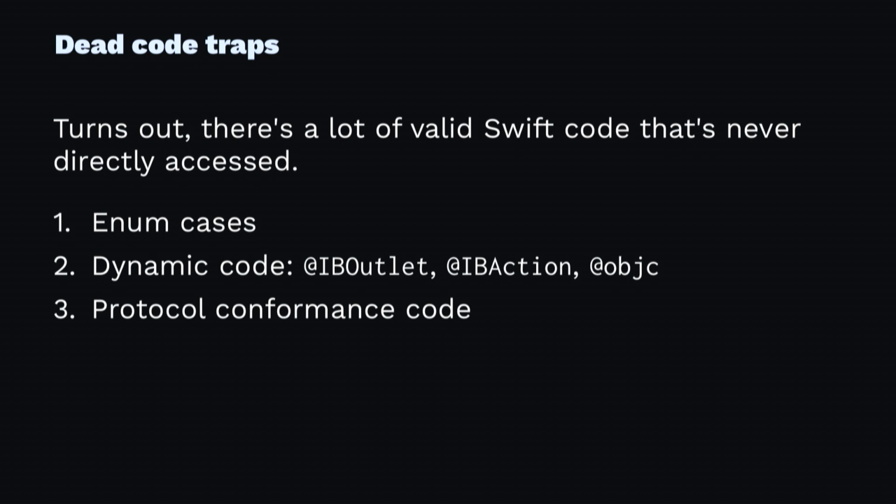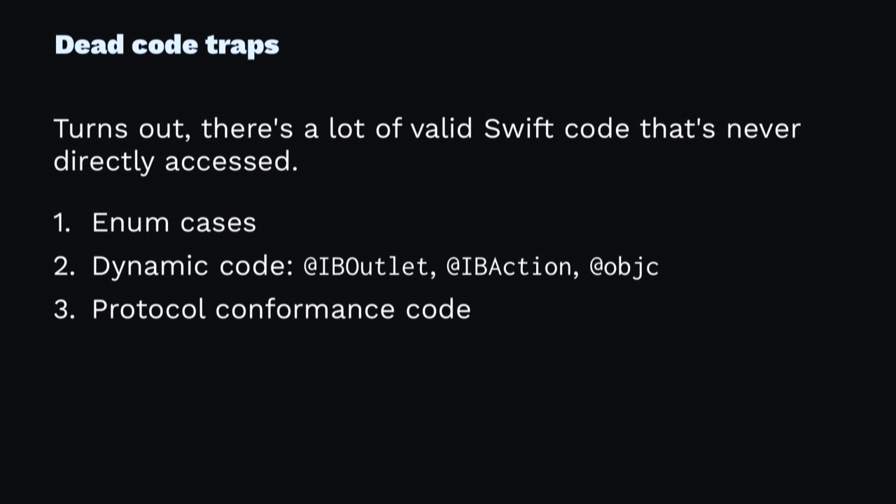This one's a little harder to see, but if you have a protocol called Food, and you have an eat function on that, and then Fika and Bagel both conform to that protocol, and then you never directly eat a concrete instance of either type, you only ever eat the Food protocol or something that conforms to it, then those individual conformances might be unused because they're not directly referenced. So those are a few cases that you have to watch out for.